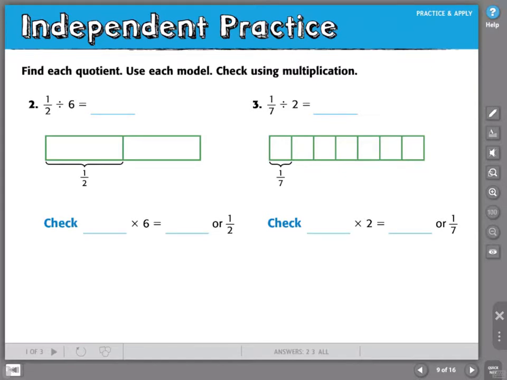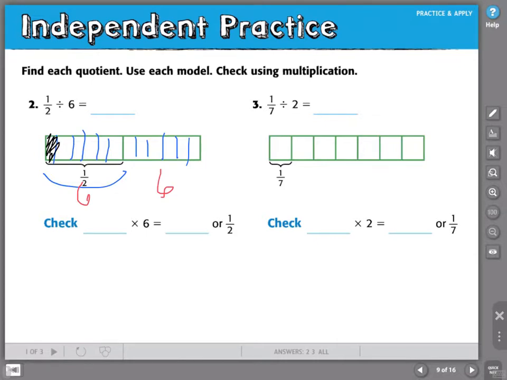Here are 2 more examples. 1/2 divided by 6. Here I would take my half and divide it by 6. How many pieces do we have now? Well, I know I've got 6 here and 6 here. 2 6s equal 12.